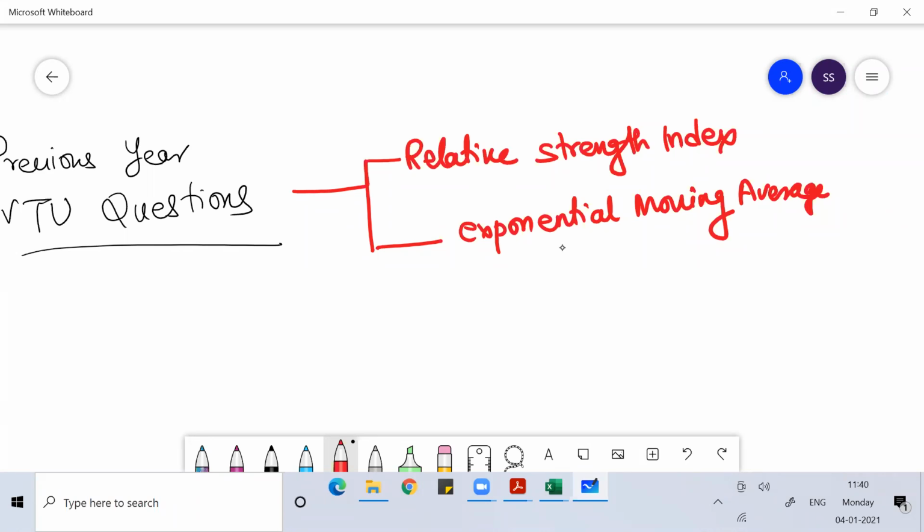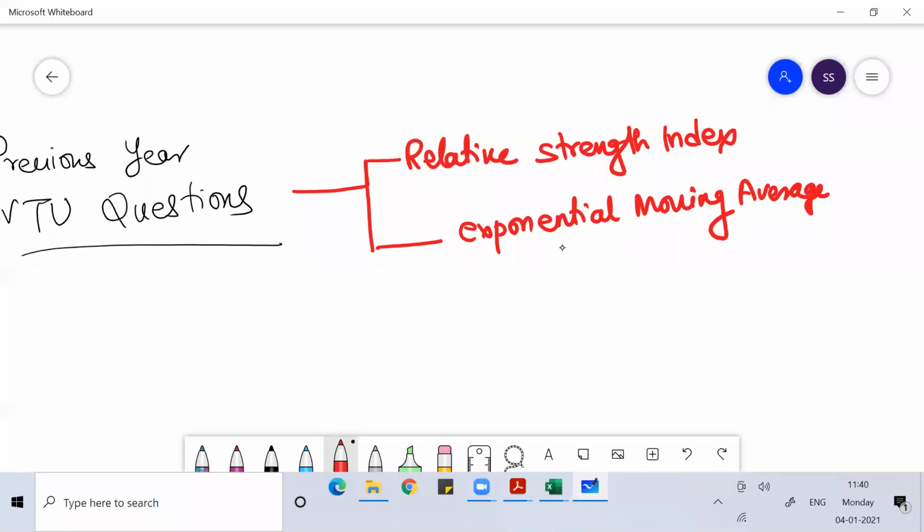It is an oscillator, and based upon the value we get, we figure out whether the stock lies in the overbought region or the oversold region. With that, we try to predict whether we should buy the stock or sell the stock.